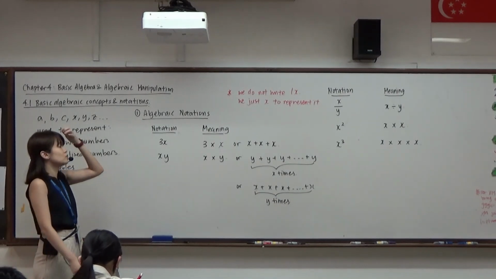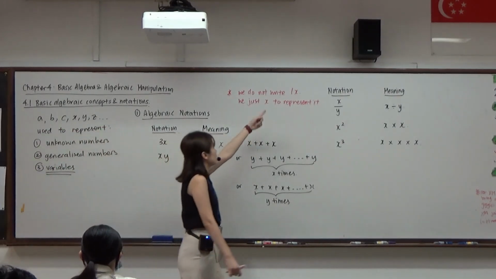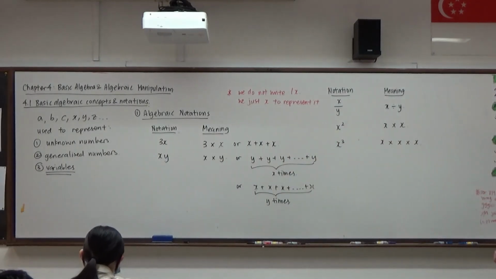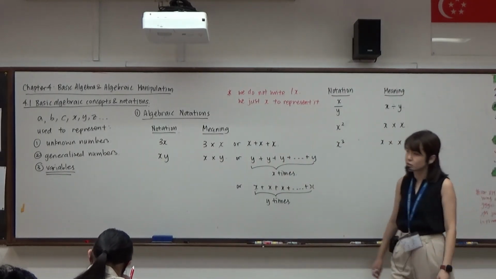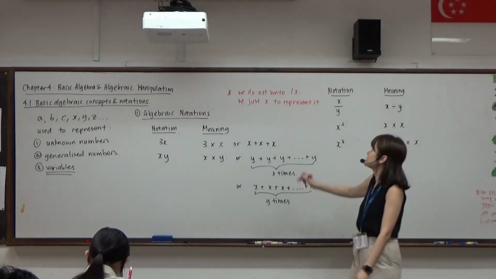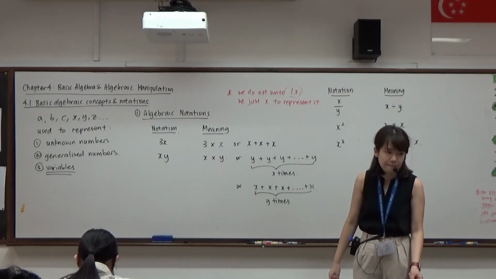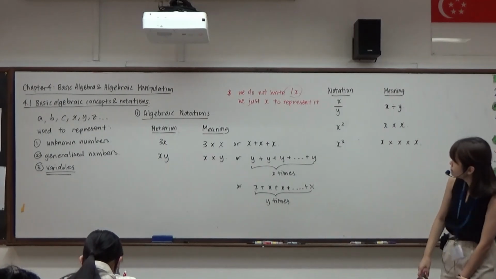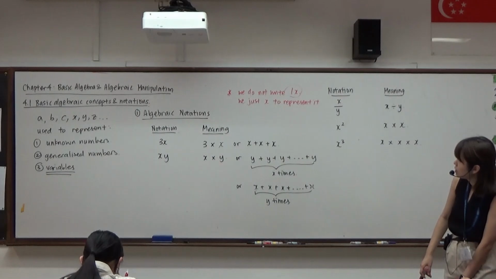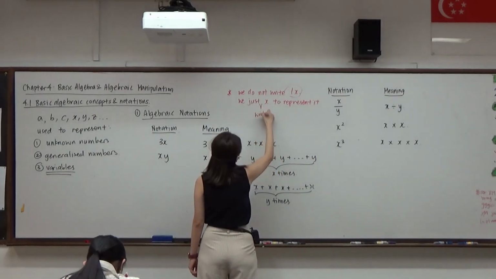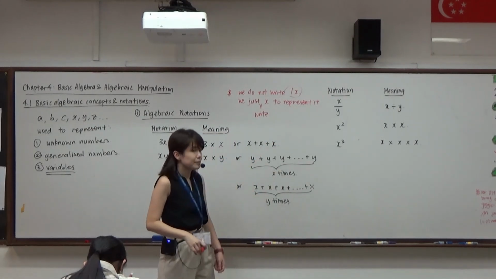Don't need to be so insistent on writing that 1. If you continue to keep writing that 1, I'm going to penalize you for presentation, because nobody is going to accept this at all. We just write x. Sorry, my bad. Thank you. Questions?